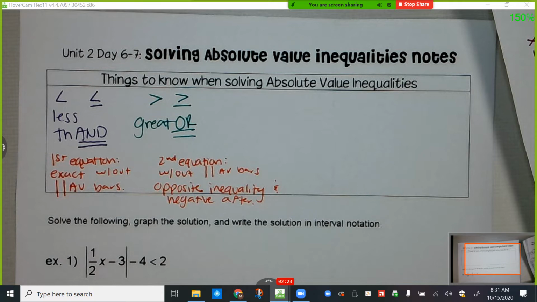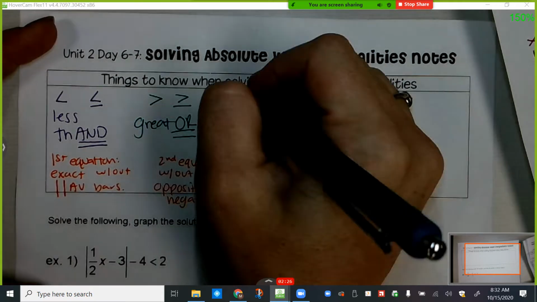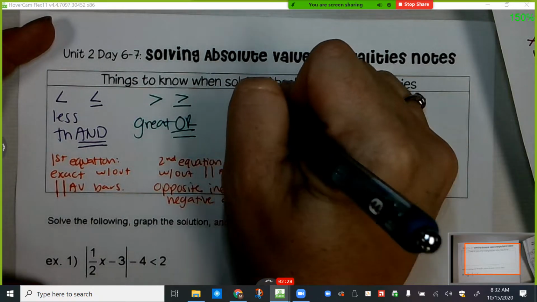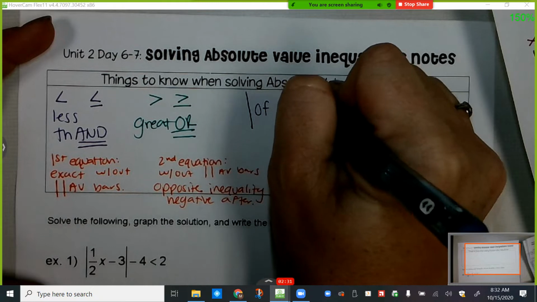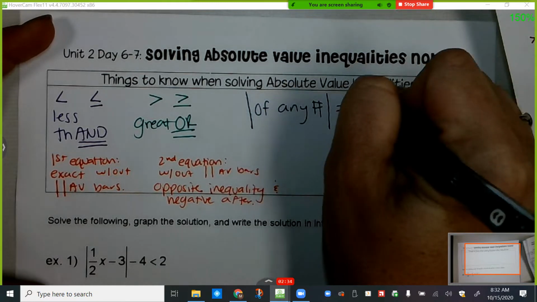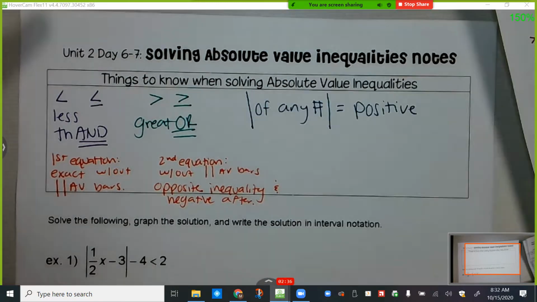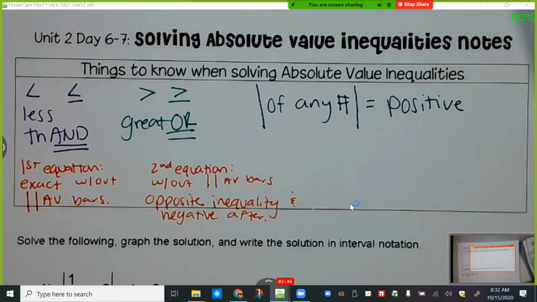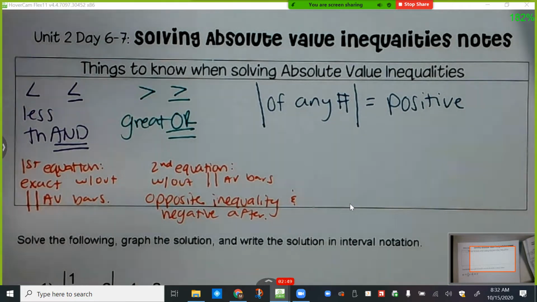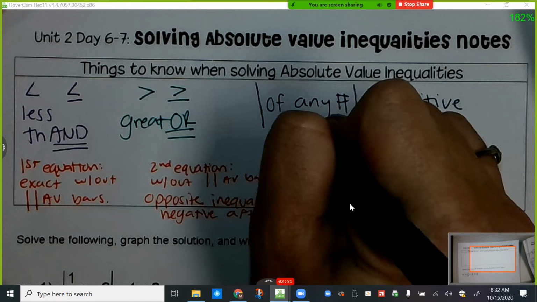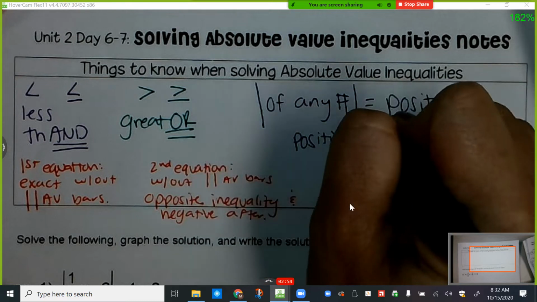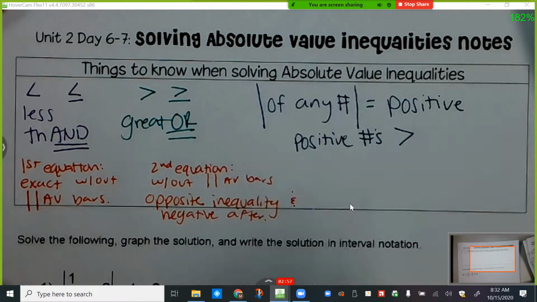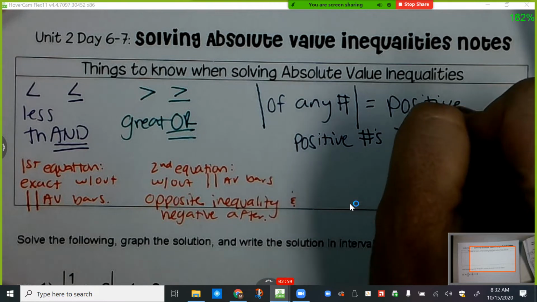So just a reminder, the absolute value of any number is always equal to a positive. We learned that yesterday. And positive numbers are always greater than negative numbers.